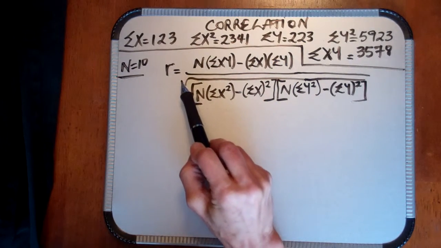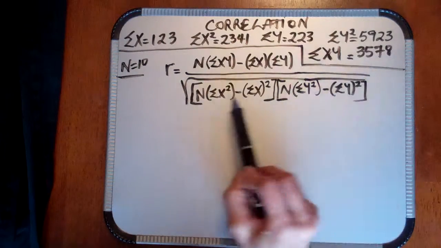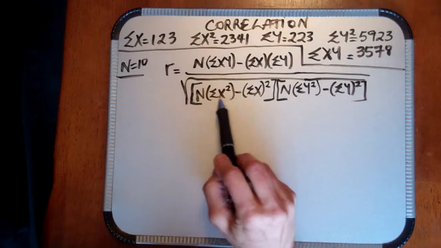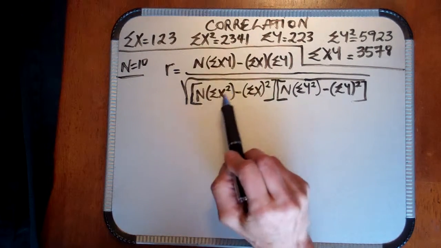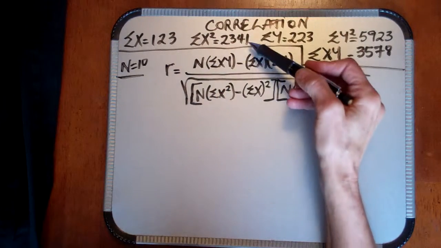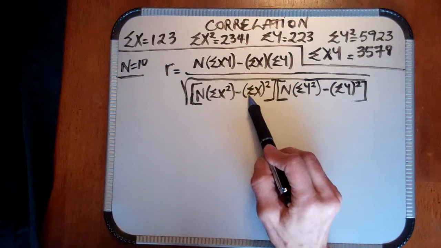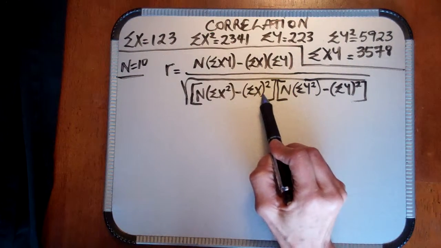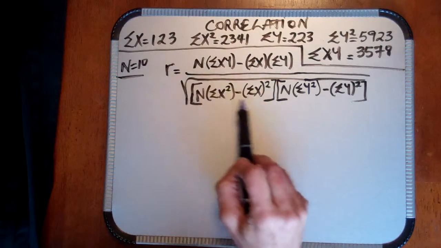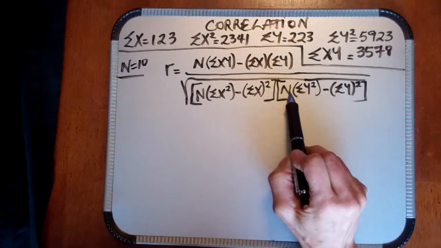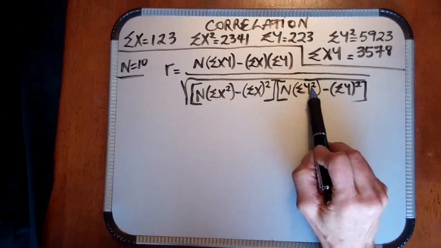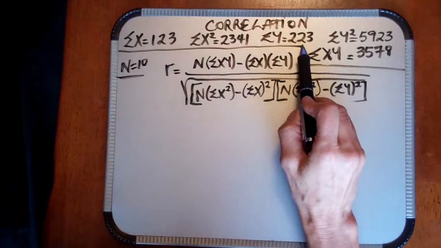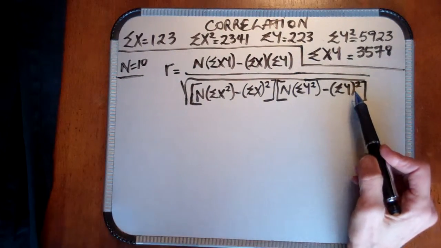Now the denominator is a little bit more complicated. It's going to be the square root of the solution to this. And so in the first part of this equation, we have the sample size n times the sum of the x's squared, you have that value here, minus the sum of the x value squared, as indicated by the parentheses, times, and then that number is going to be taken times the sample size 10 times the sum of the y squares, which is here, minus the sum of the y values squared, as indicated by the parentheses.